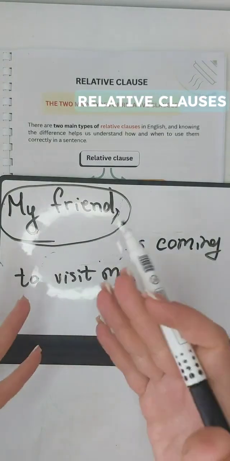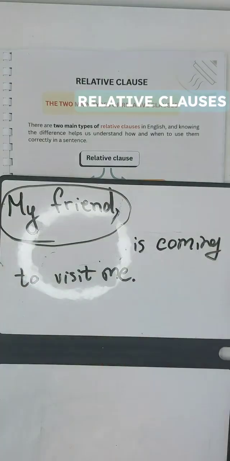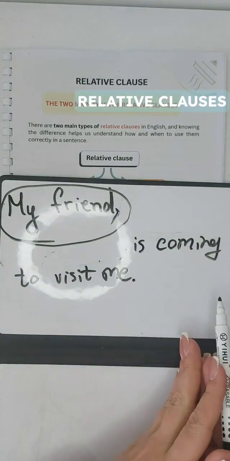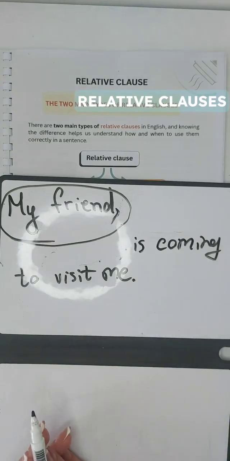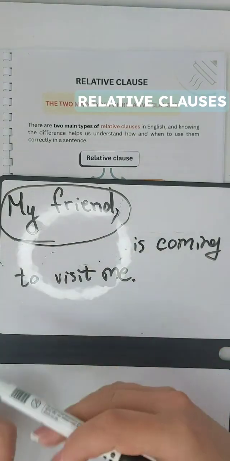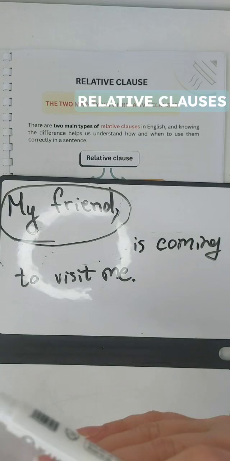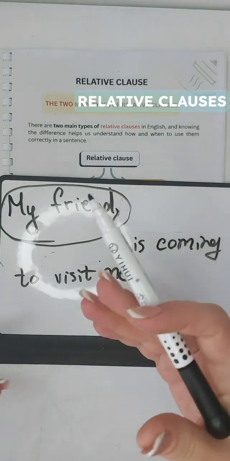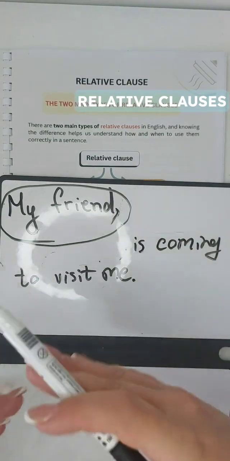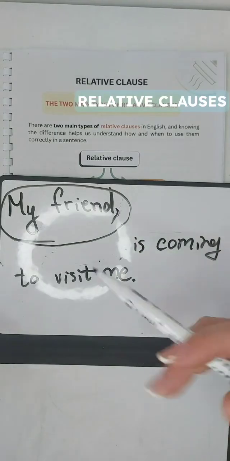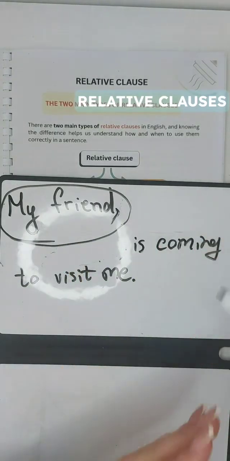Even without this information, the sentence makes sense, is complete. My friend is coming to visit me. Of course, if you need extra information, it's optional, right? Of course, you can say who lives in London, but it's not essential.